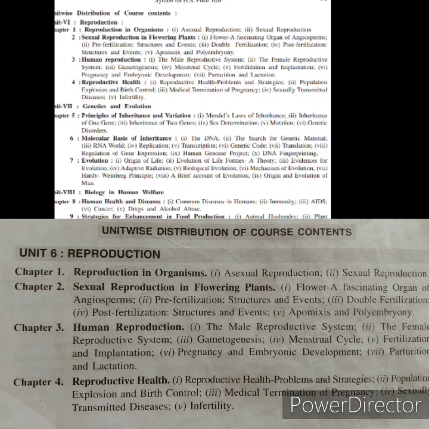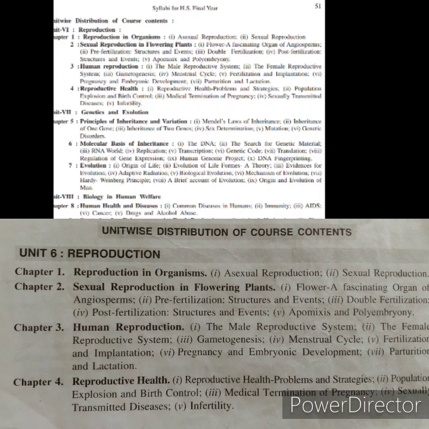Later on we will discuss all aspects of sexual reproduction in plants. Here we are talking about angiosperms, or flowering plants, because sexual reproduction in plants takes place only inside the flower, as the flower is the reproductive organ of the plant body. I will dictate this chapter later on.